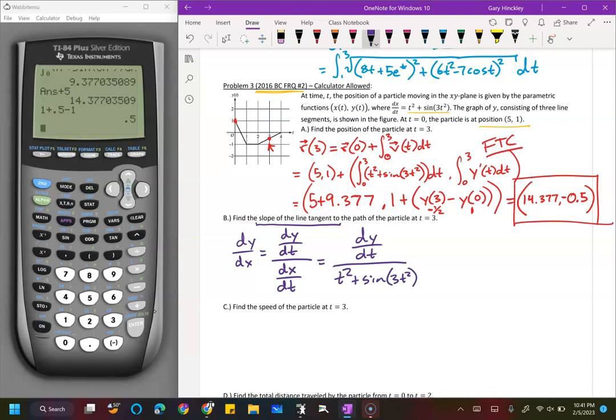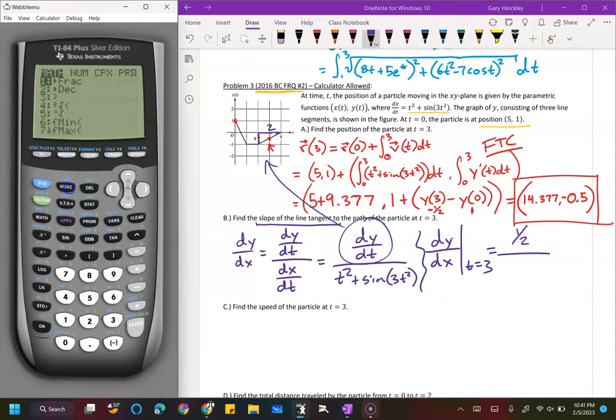So to find our dy/dx at t equals 3, for the top, dy/dt, we're just again going to pull from our graph. At 3, the slope of our line is positive 1/2. So that's going to be 1/2 for the top. On the bottom, we're going to have to use our calculator.